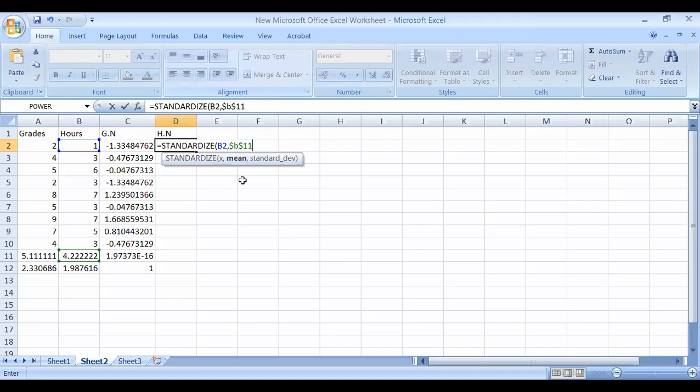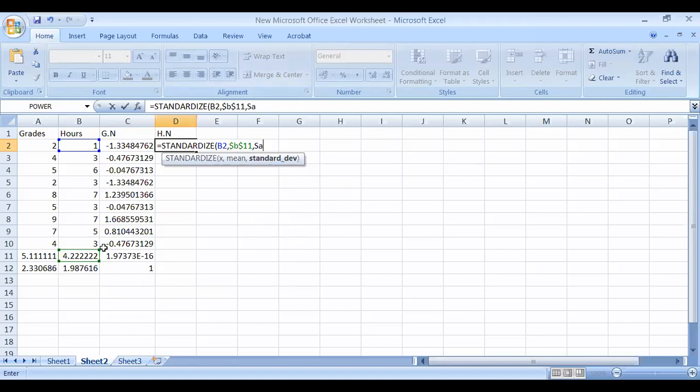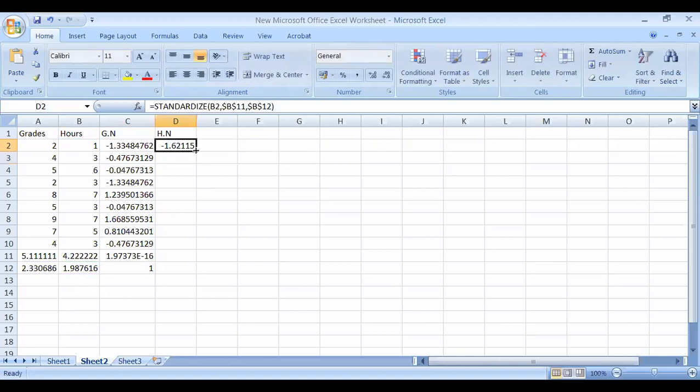This highlighted one tells you about the mean of this data, and the standard deviation is dollar a, not a, sorry, this is b. This calculates the standardized value. So I'm just dragging it so that I can apply it to each value, right?